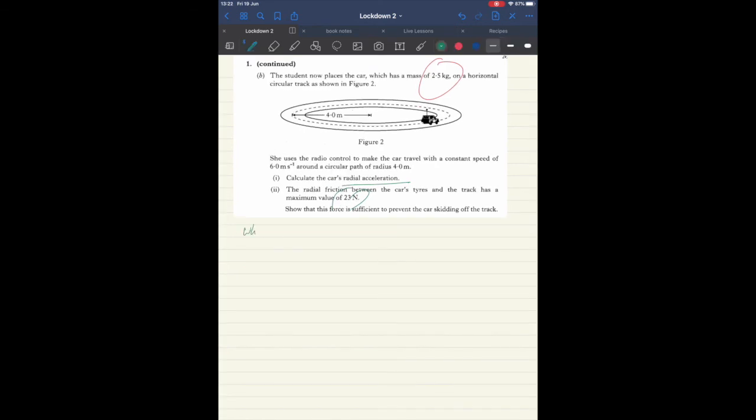However, let's say that the velocity of the car is actually not 6 meters per second, but in fact 7 meters per second. Can that wee car go around that track at 7 meters per second? Remember, the friction between the wheels and the track is still only 23 newtons available. So let's work out what centripetal force you need.